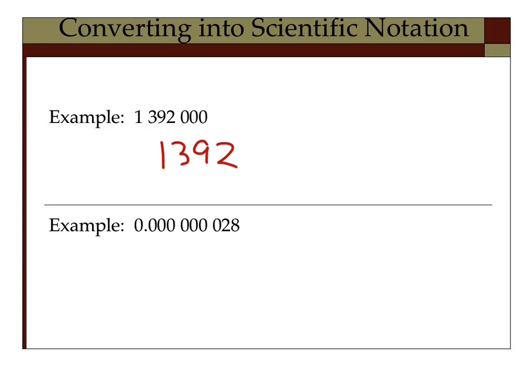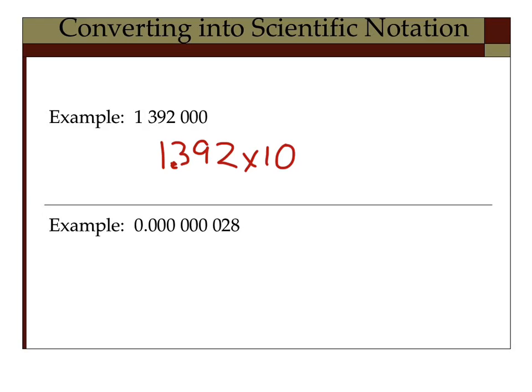I want to keep those so I know what number it is. Now I have to add a decimal so that it is a small number between 1 and 10. I'm going to put it right here. That's between 1 and 10, right? 1.392. And then my math problem is always times 10 raised to the power of something.